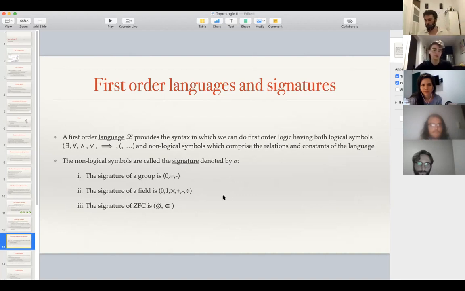A field, which is more general, will have two identity elements, one for multiplication, one for addition, and you can divide and everything. We'll have this signature, which makes sense. And if we want to talk about set theory, ZFC has a signature which is just the empty set and the inclusion relation.